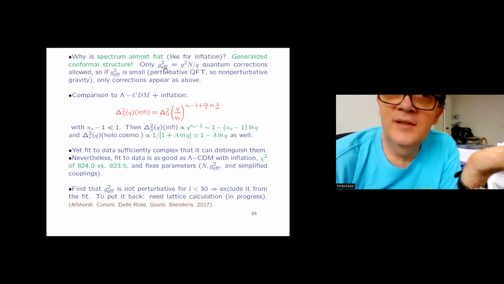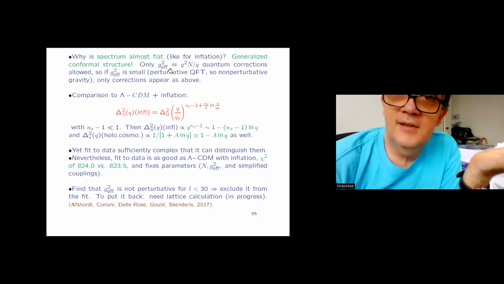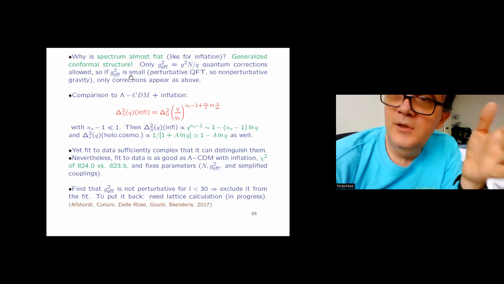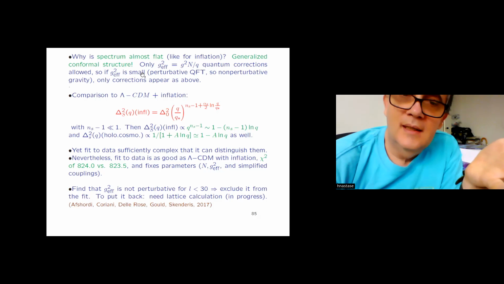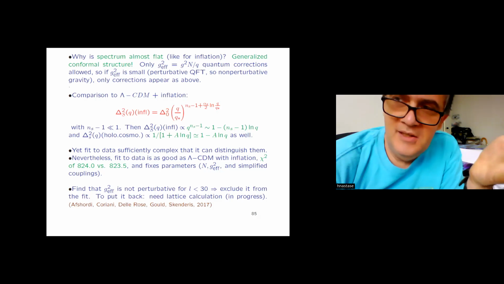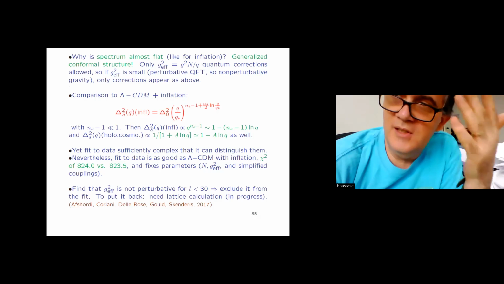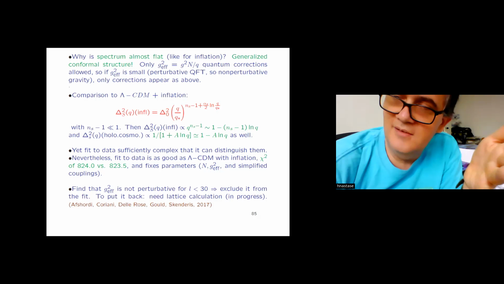The only corrections I'm allowed to have are corrections in this G squared effective, G squared N over Q. And we're doing perturbation theory, so this G squared effective is small. So then the only possible perturbations are G squared effective or G squared effective log G squared effective.